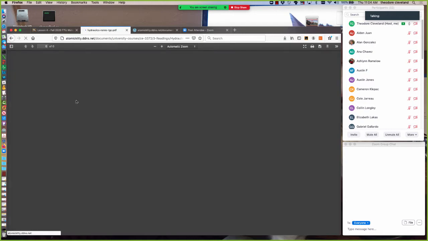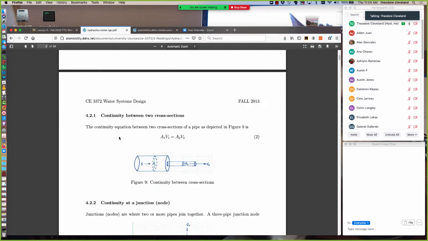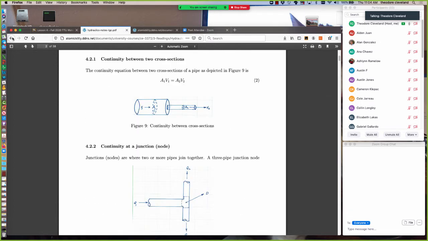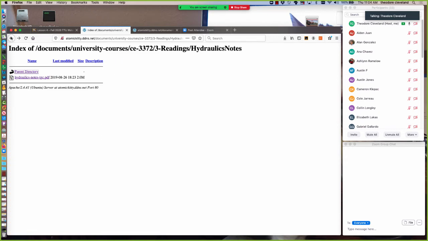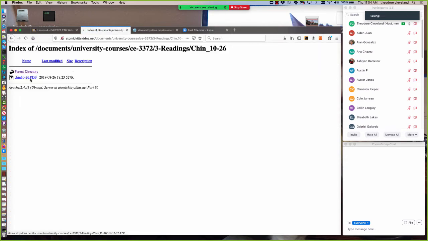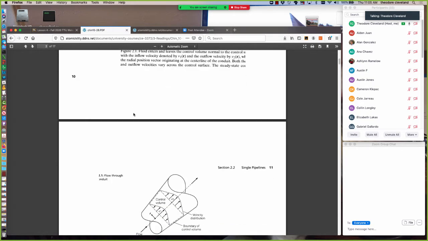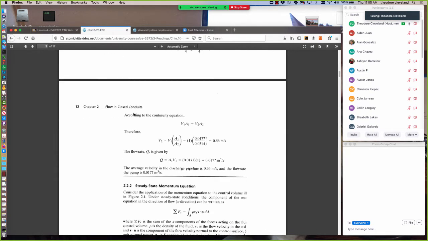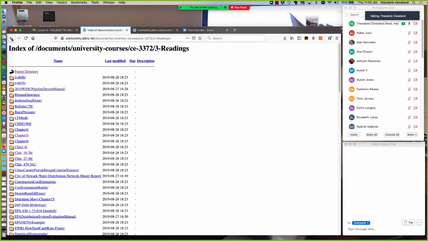Some hydraulics notes. What I'm doing today is largely borrowed from this document, and you can read that on your own. Pages 10 to 26 of a book by Chin has a more intimate detail of the pipeline hydraulics.